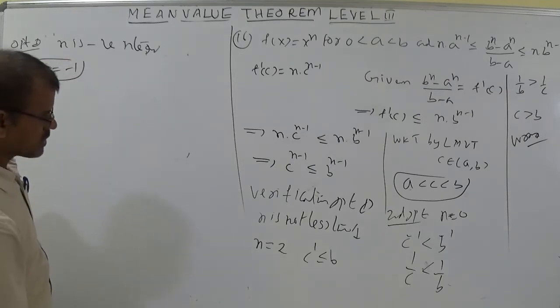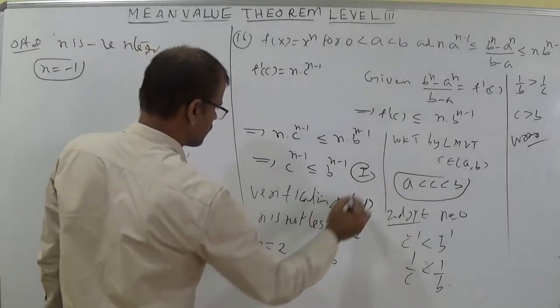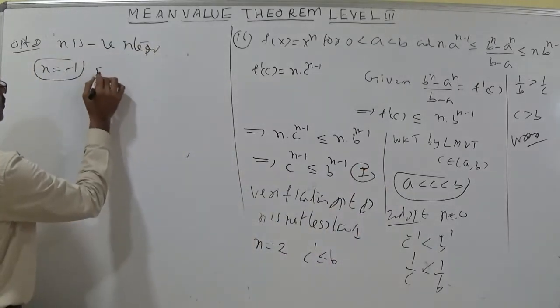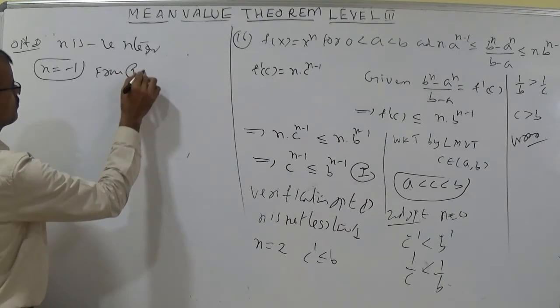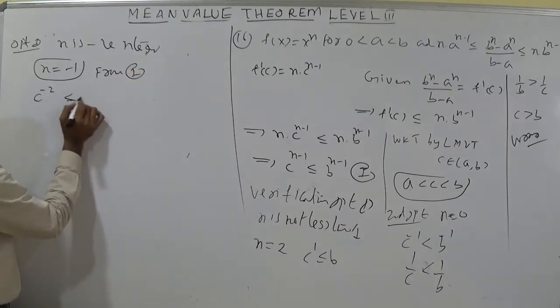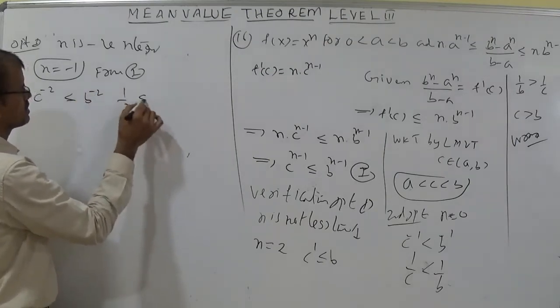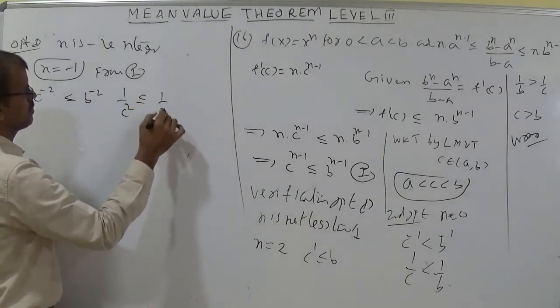n is equal to minus 1, put in Roman number 1 for verification. So C power minus 2 less than or equal to B power minus 2. So 1 by C square is less than or equal to 1 by B square.